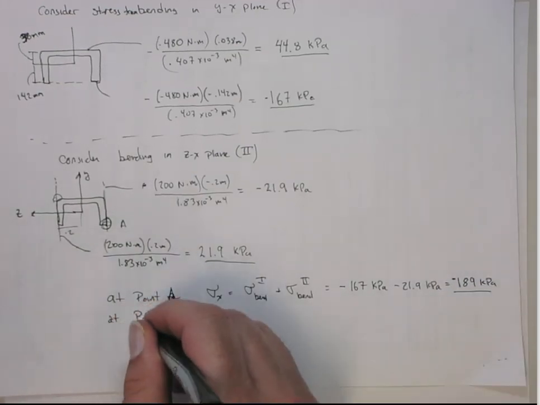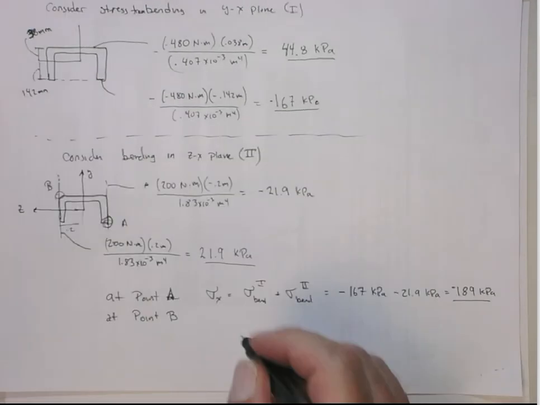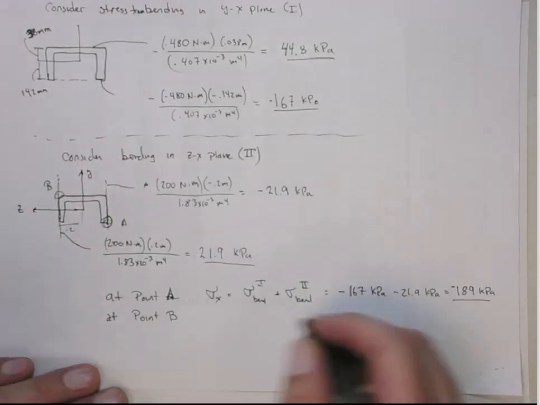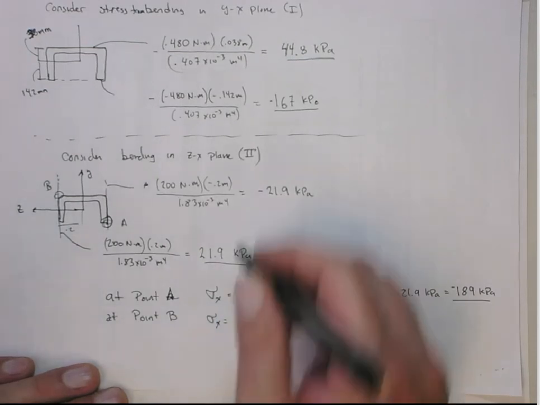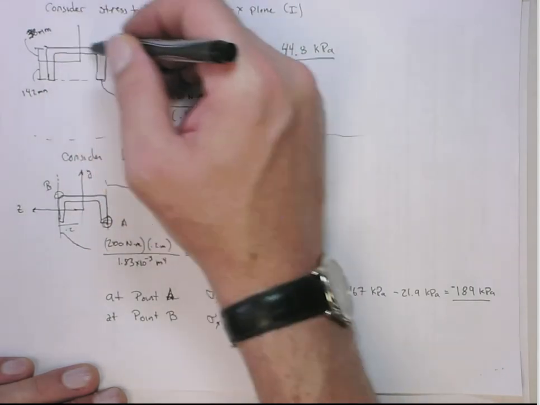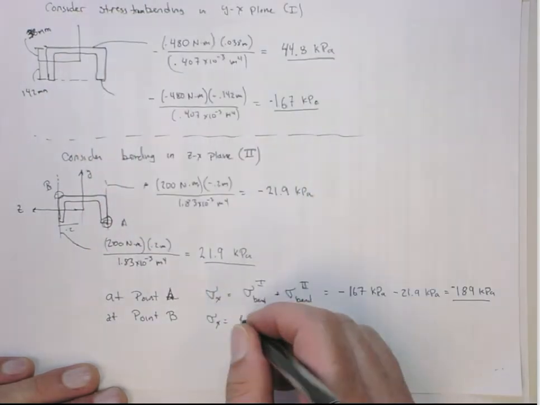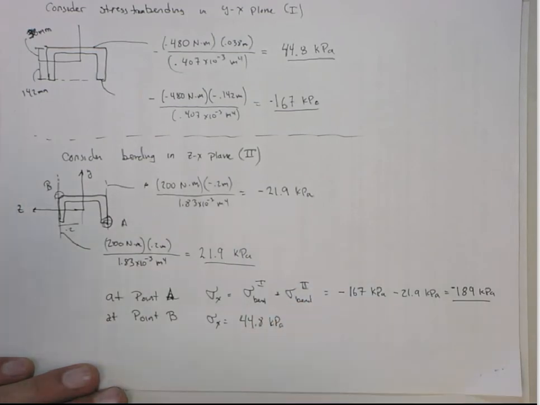Now if we do point B, it's the same deal. From the first mode on this edge, because that's where point B is, we have a positive 44.8 kilopascals.